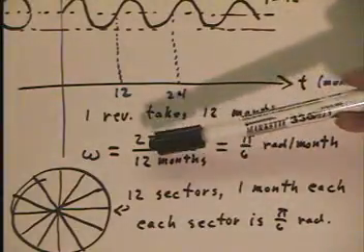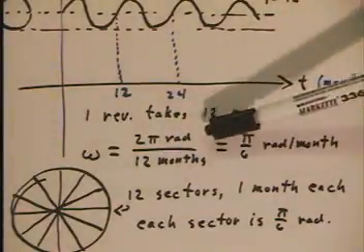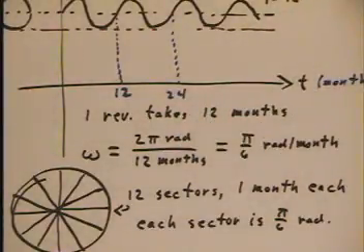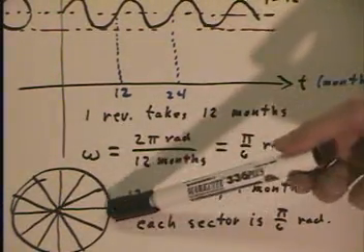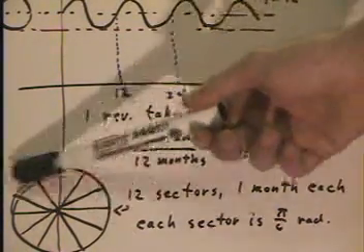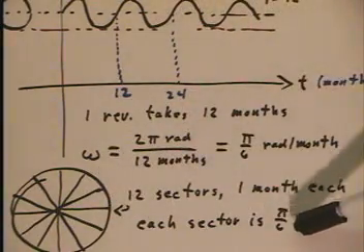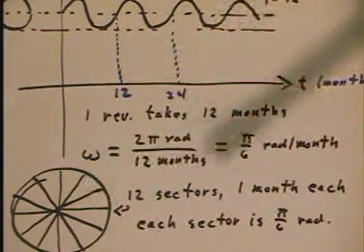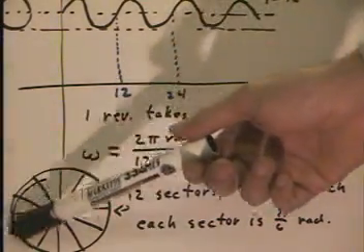If we reduce 2 pi over 12, we get pi over 6, so that's pi over 6 radians per month. Coincidentally, as we saw earlier, the circle can be divided equally into 12 sectors, each having a pi over 6 angle. So each pi over 6 angle represents 1 month of motion around this circle.